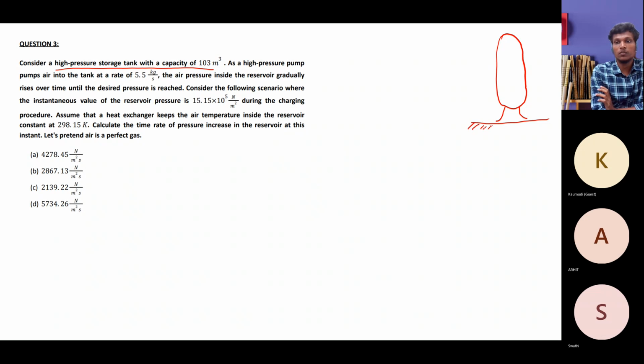This is generally what any high pressure storage tank looks like, and you have a compressor here. It has a volume of 103 meter cube, and you are feeding mass at 5.5 kg per second.